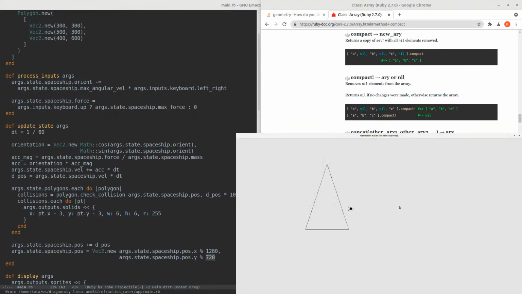Okay, so now presumably if we go through and keep going, yeah, you can see now when we collide, we have that information there. Okay, so now that we have that, why don't we check for when it actually goes through?